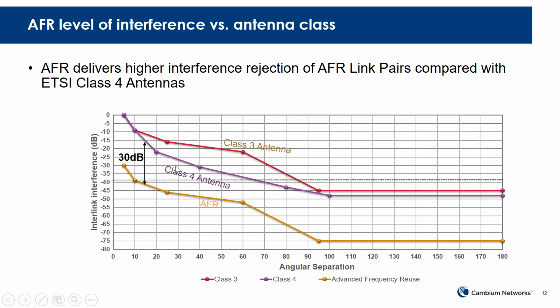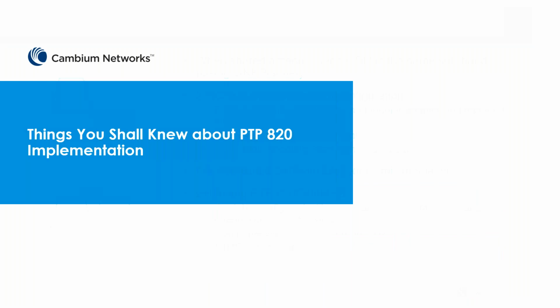So that's the idea. With the AFR frequency reuse, you reduce the co-channel interference, of course, and you can achieve high modulation mode. So that's the AFR. So these are the two ways of making your frequency reuse more efficient.